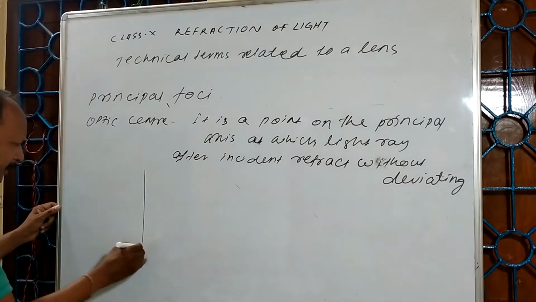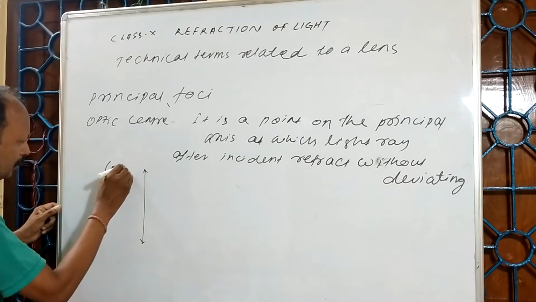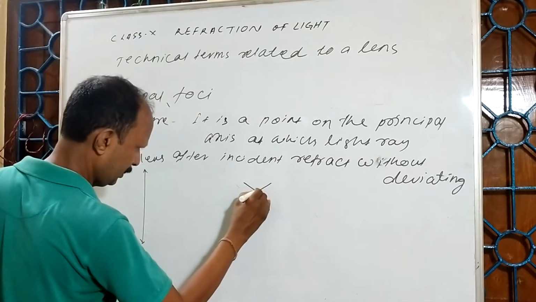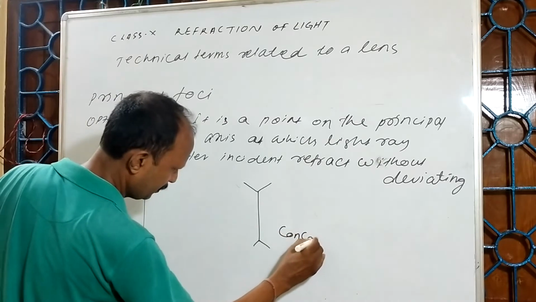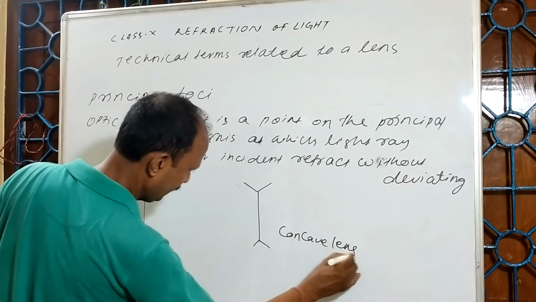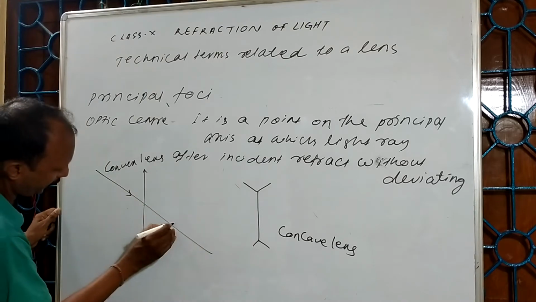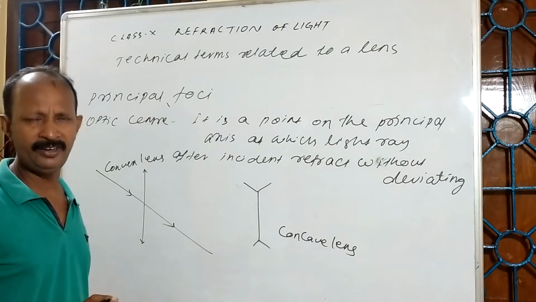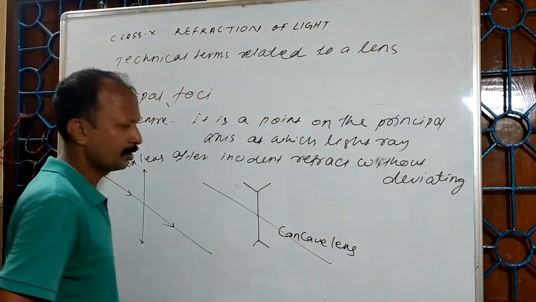If it is a very thin lens, I am representing this one as the convex lens, and this one I can represent as the concave lens. So it is a point through which light rays after incident refract without deviating, whether it is concave or convex.